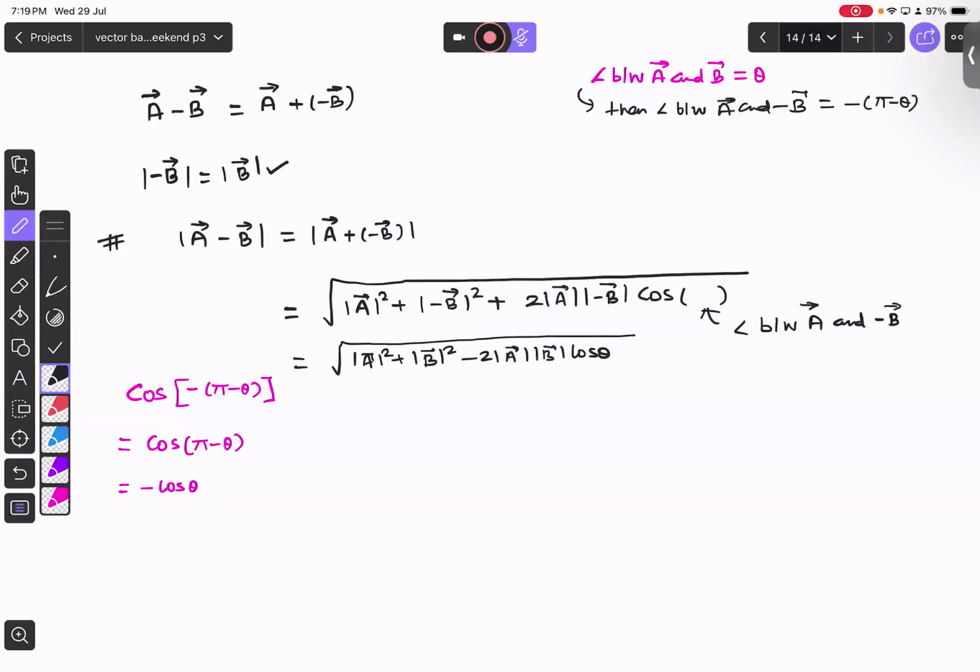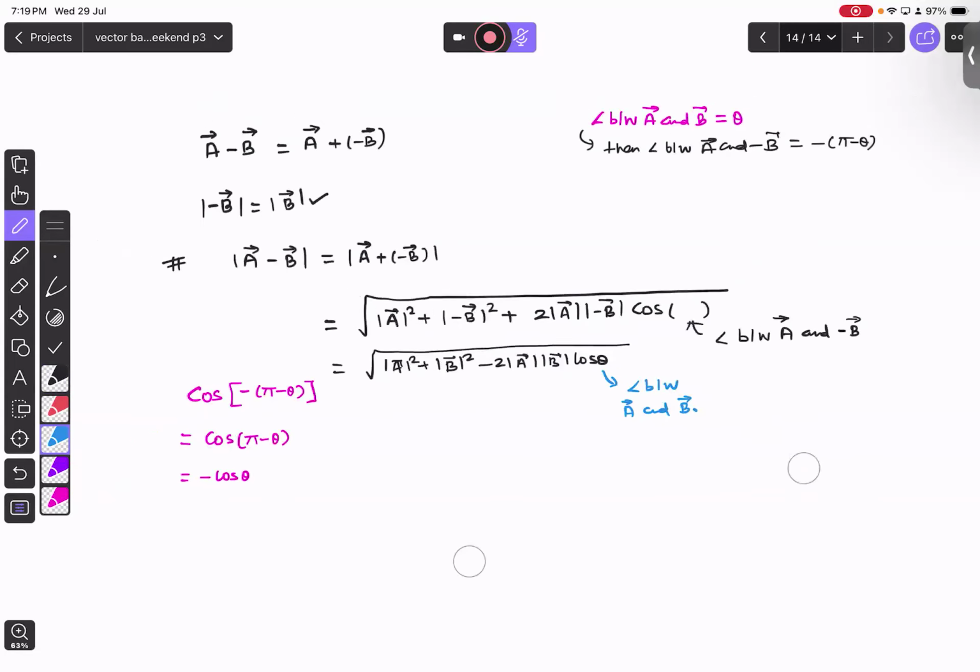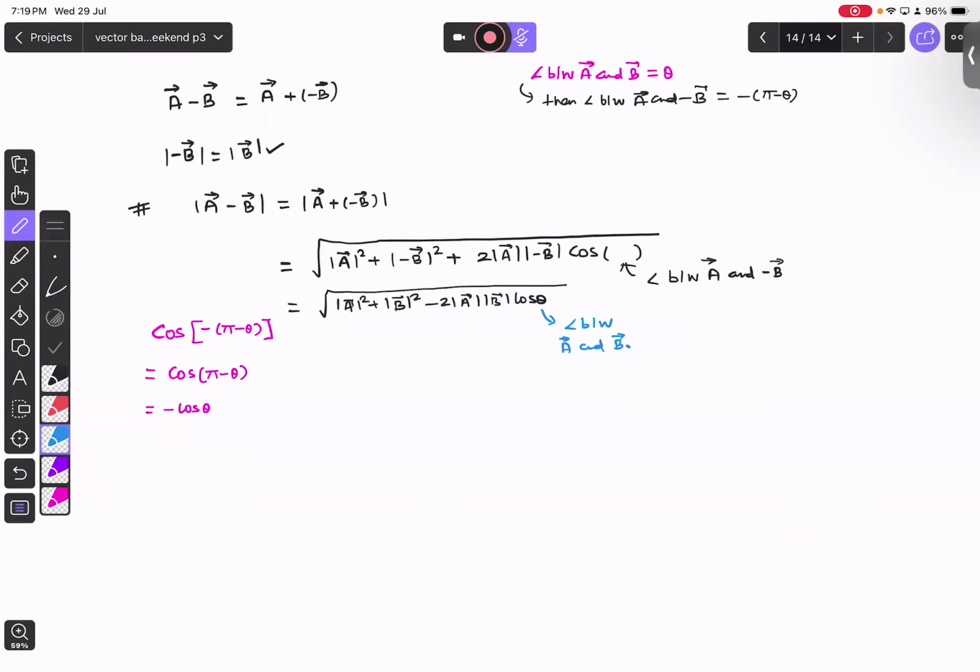So what is the theta in here? It is the angle between A and B, not the angle between A and minus B. And if I have to find that thing also, the angle made by the resultant of A and minus B with the vector A, maybe I'll write it as tan phi dash.